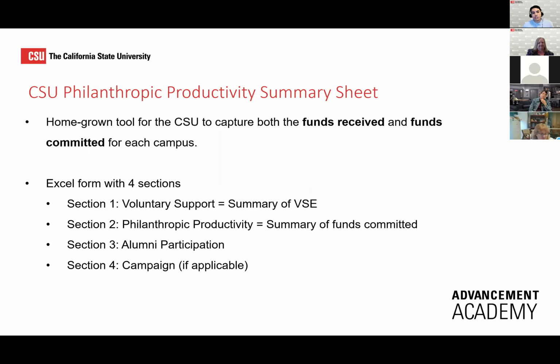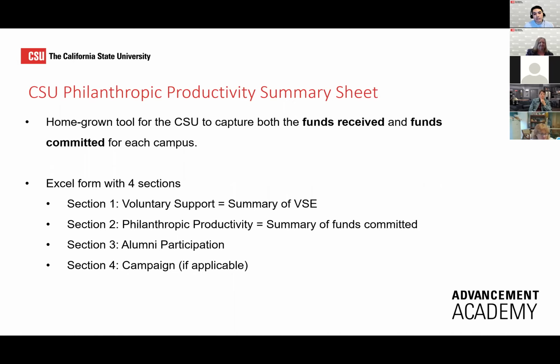This summary sheet paired with the VSC gives us essentially a robust amount of data points for us to be able to prepare a lot of the reports and understanding that we need. The summary sheet, I'll give you the scoop, is the way that I collect the data for the appendix tables that we have at the end of the donor support report. There's one per campus. I run a VLOOKUP on them, and then we compile those in the various appendices tables that we have in that report.